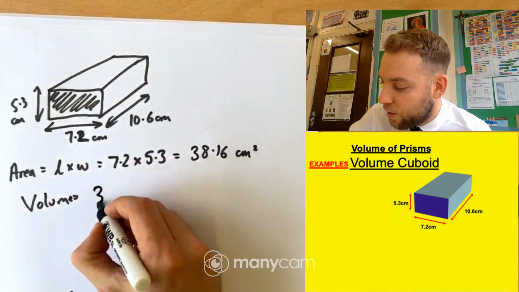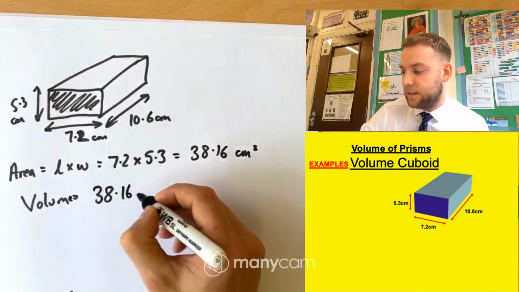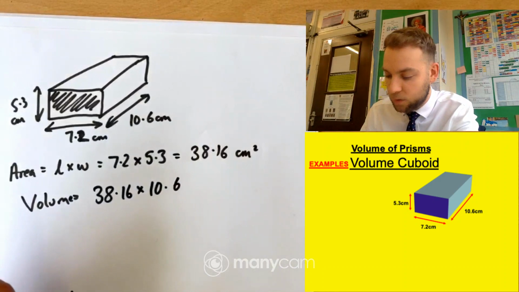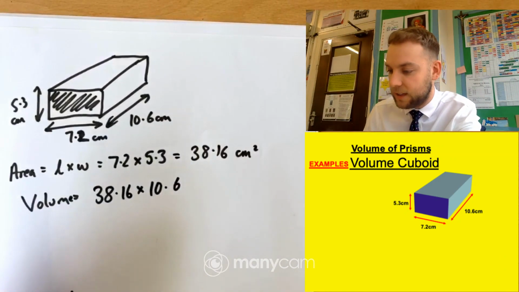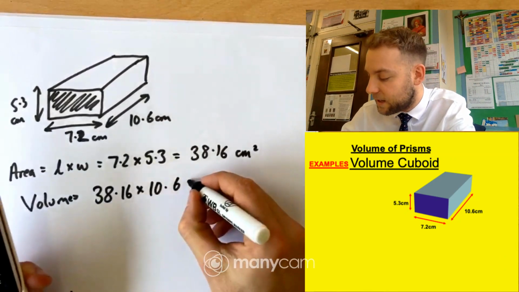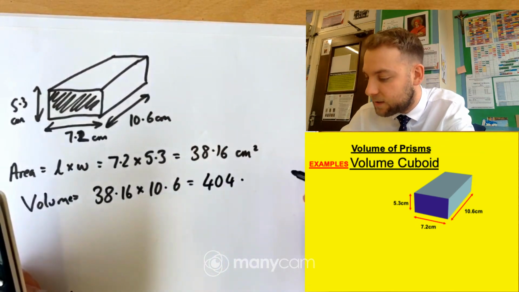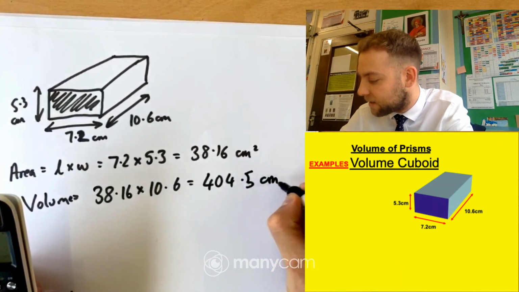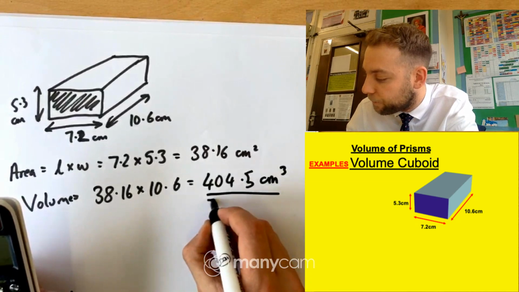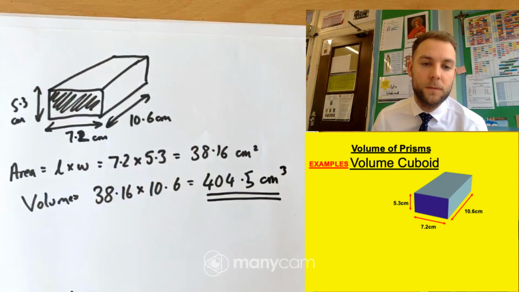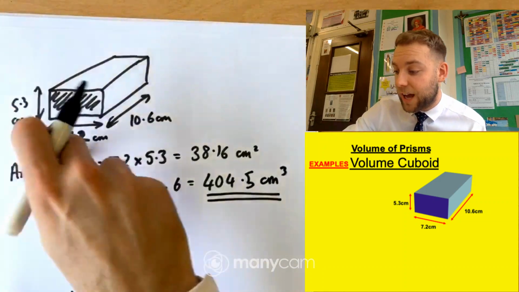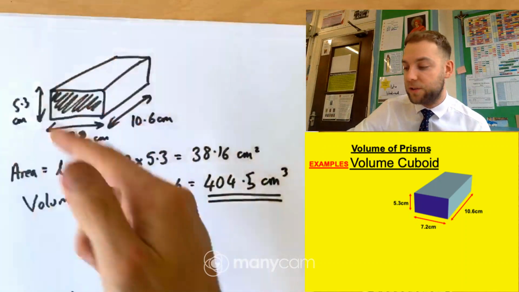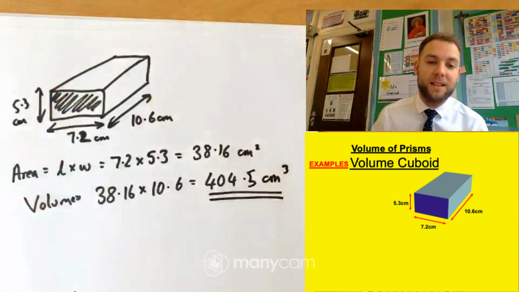So 38.16 times by 10.6, in this case, is equal to 404.5. I'm going to round it to one decimal place. And that's going to be centimetres cubed because it's volume. So it would have worked if I just times all of these. That's fine. But you've got to understand the theory behind why that works, because it's the cross-sectional area times by that depth.